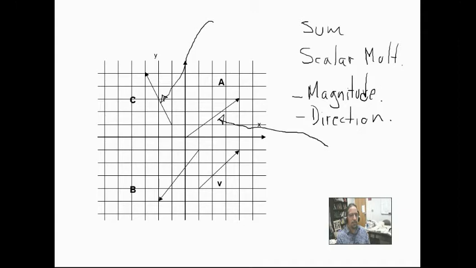And if you want to sum two vectors, remember that what you do is you take one, A, and then you take the second one, and I'm going to move a copy of that here, and then you can construct the result by going from the beginning to the end. So this vector here is then A plus C. Very easy.